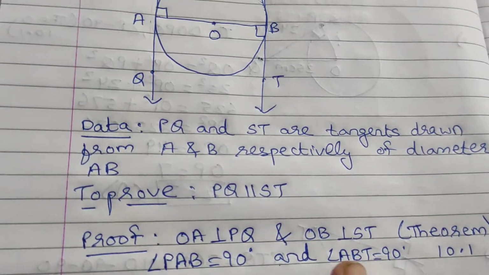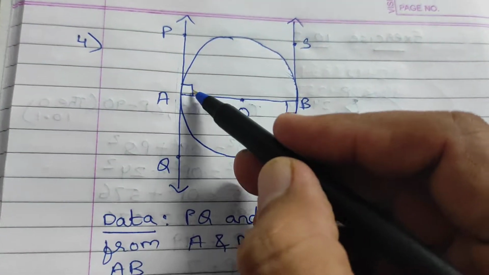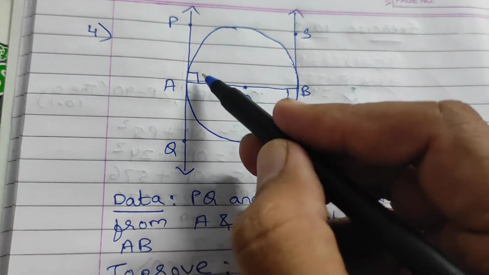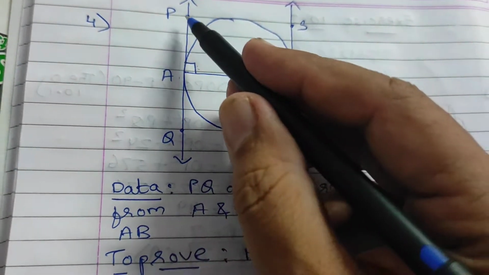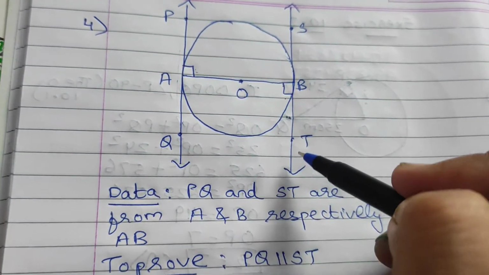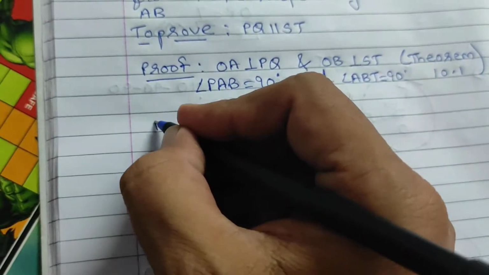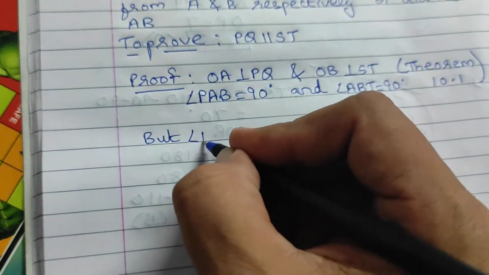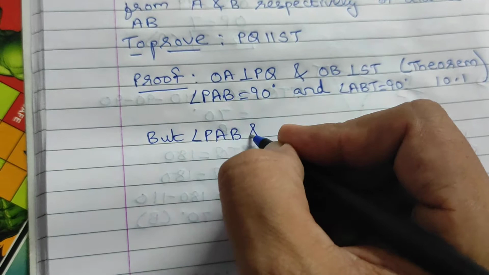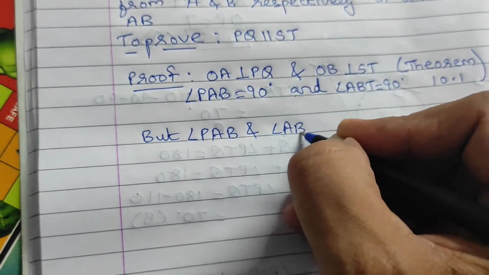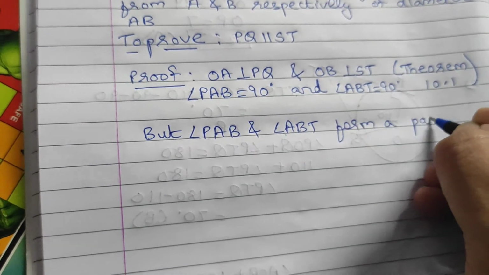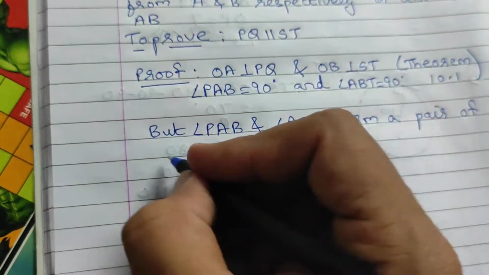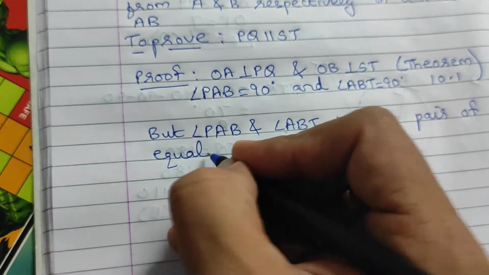But students, you look at these two angles, angle PAB and angle ABT. These two angles are interior alternate angles formed between two lines PQ and ST, right? But angle PAB and angle ABT form a pair of equal alternate interior angles.